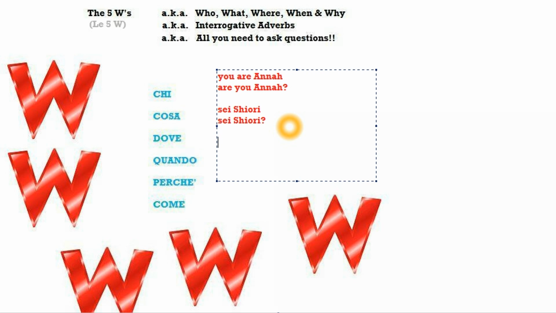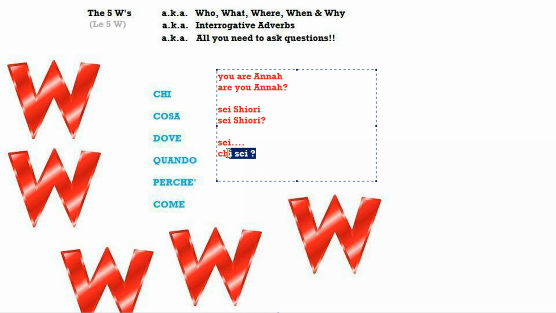For instance, tu sei whatever. Chi sei tu? Of course, tu, the subject, is always omitted, but if it wasn't omitted, then it would be here. So in real life conversations, you will hear sei Anna, or sei Sciari, or sei Claudio. And then the question is, chi sei?